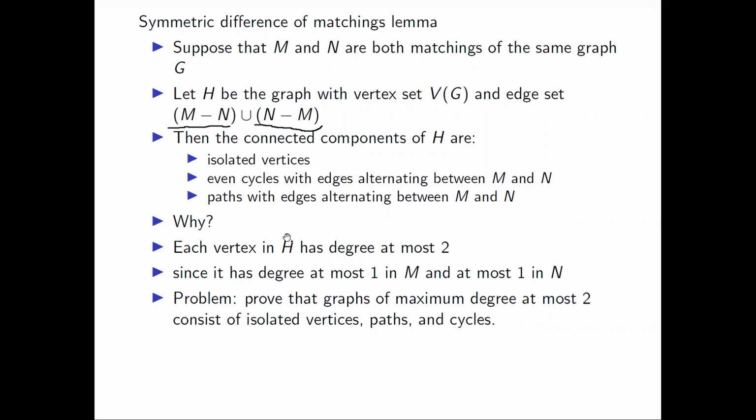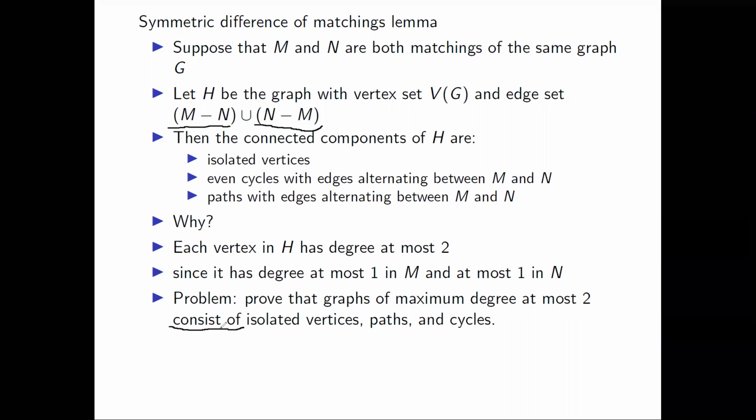And so here is the problem for you to think about. Prove that any graph of maximum degree at most 2 has connected components that are isolated vertices, paths, and cycles. And I want to clarify this wording here. I thought it was clear when I wrote it, but one possible interpretation is that graphs of maximum degree at most 2 must be isolated vertices, paths, and cycles.